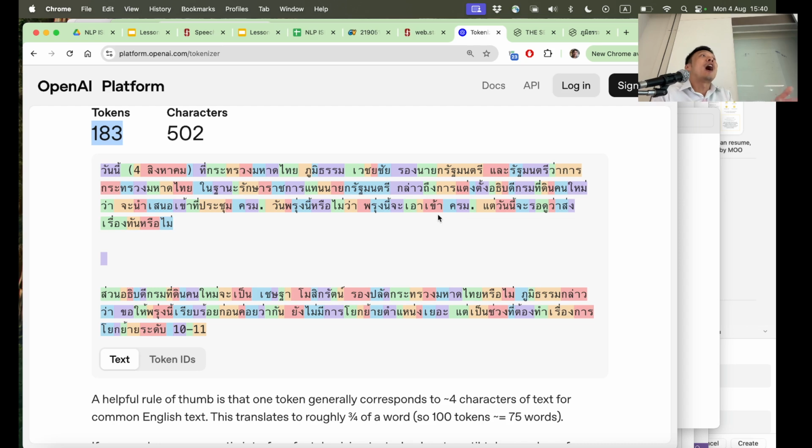So Thai text hardly gets merged. English text gets merged a lot and builds up into something that looks like a word, a suffix, or a prefix. But they don't process Thai very much. So their vocabulary is already full before we can merge more Thai characters into a word.